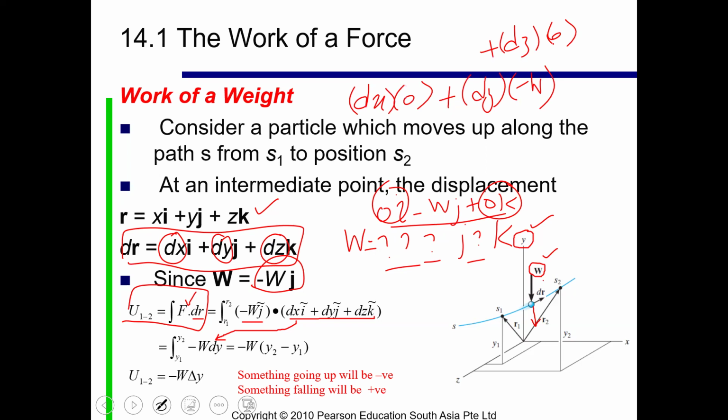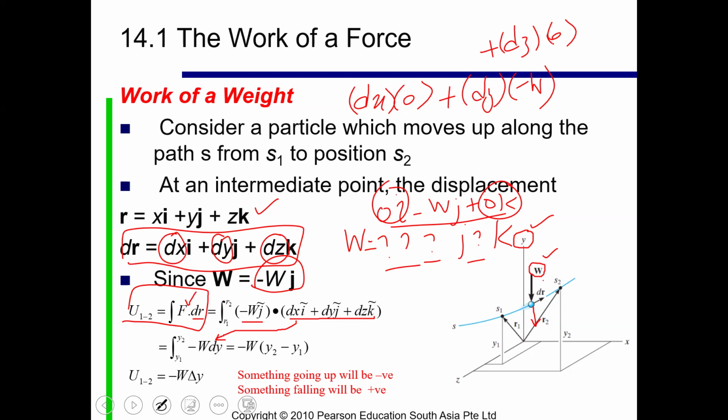If you remember the statics part, when you were opening the dot product, I told you that there will be 9 different terms, right? But 6 of the terms become 0, because when you are dealing with i dot j, j dot k, for example, the angle is 90, so that will make it 0. But when you are dealing with i dot i, that is cos 0, so only 3 terms will stay: i dot i, j dot j, and k dot k.